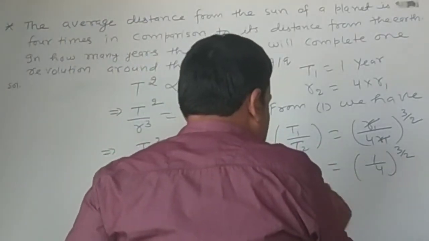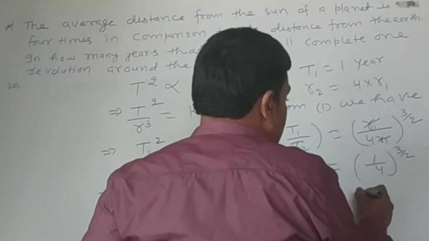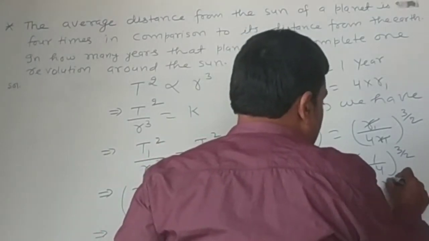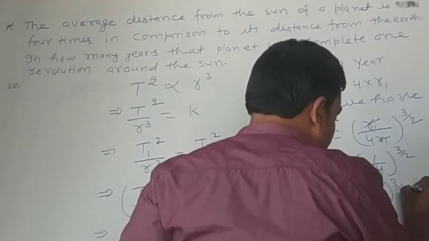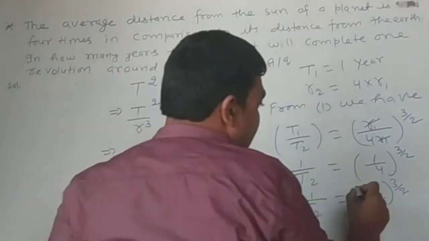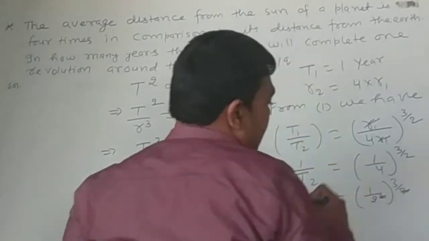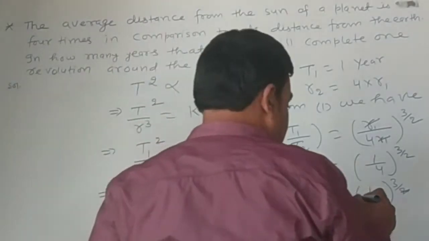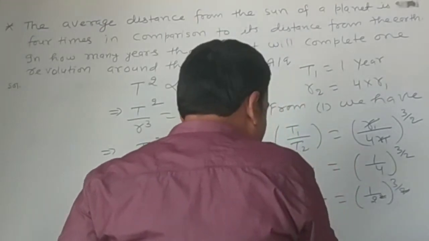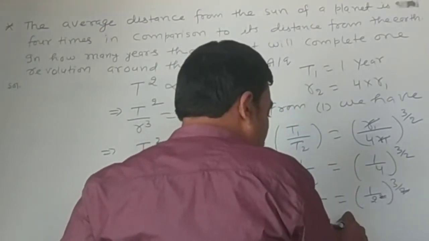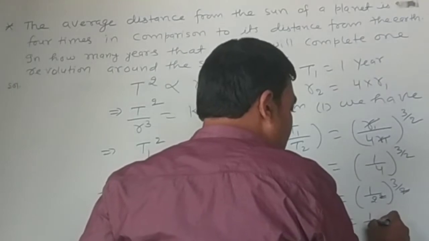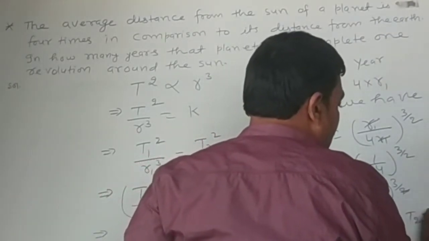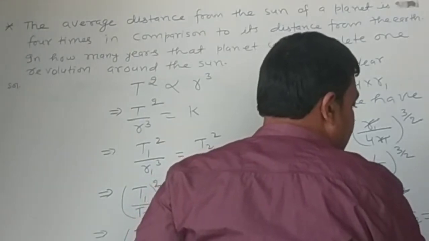So 1 by T2 is equal to 1 by (2 square) to the power 3 by 2, and this cancels, hence 1 by T2 is equal to 1 upon 8, that implies T2 is equal to 8 years.